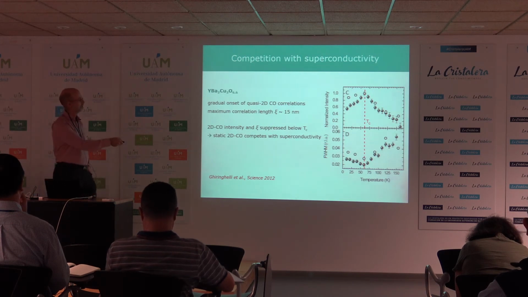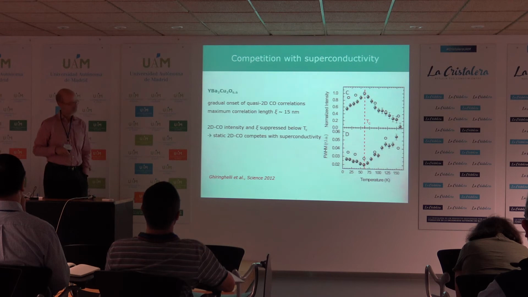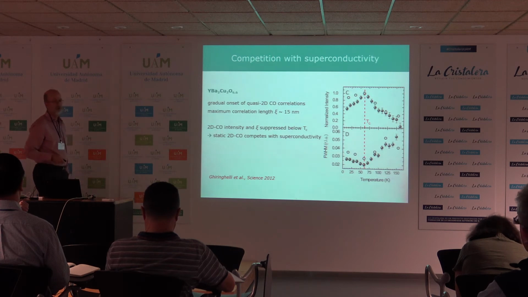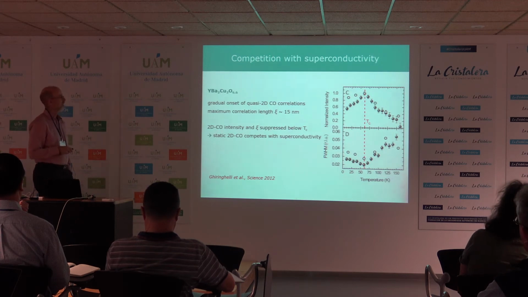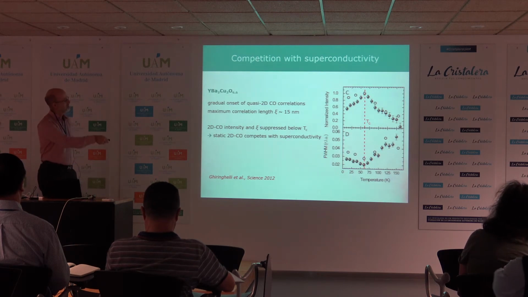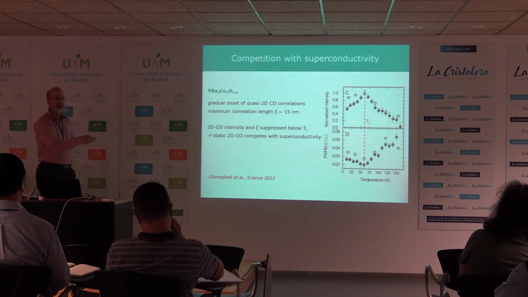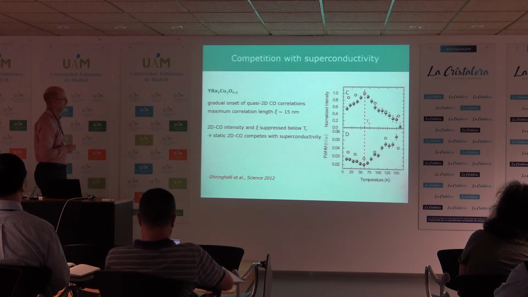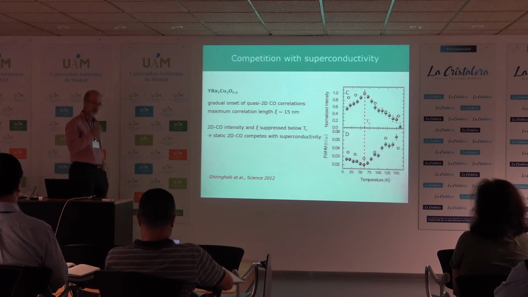When you look at the temperature dependence, you see a gradual onset of charge order at around 150 Kelvin, which is actually below the pseudogap temperature in this doping range. Then the intensity grows gradually, as you might expect for an instability that goes critical.